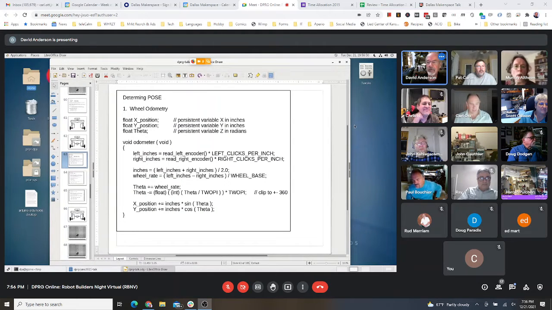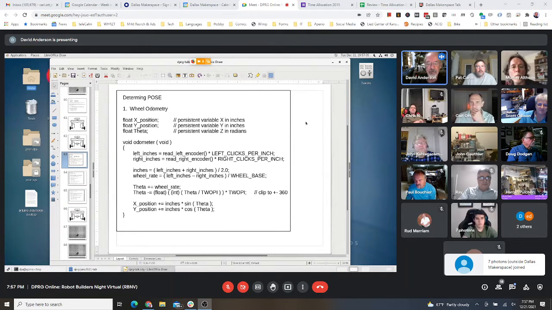Okay. Do you have something that says wheel odometry? Yep. Indeed. Determining pose, wheel odometry. This is from my talk last summer. Pose is defined as an X position, a Y position, and a heading, which for historical reasons I have always called theta. And here's the code to do it just from the wheels.